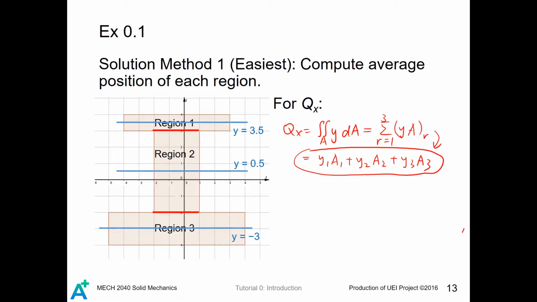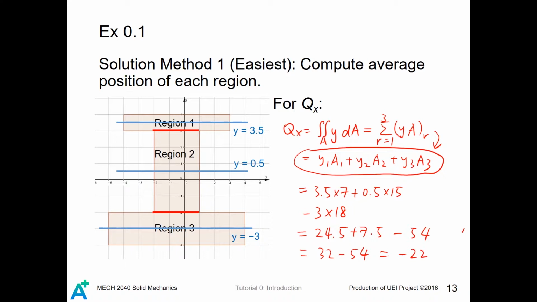It is obvious to find that y1 is 3.5, while the area is 7. y2 is 0.5, while the area is 15. y3 is minus 3, while its area is 18. Then Qx is given by 24.5 plus 7.5 minus 54 equals 32 minus 54 equals minus 22.